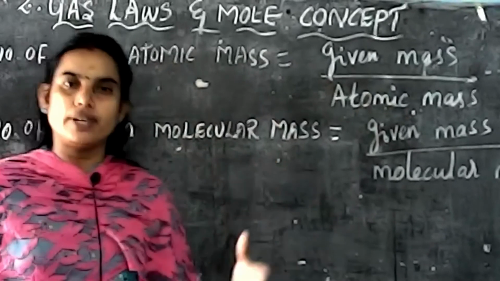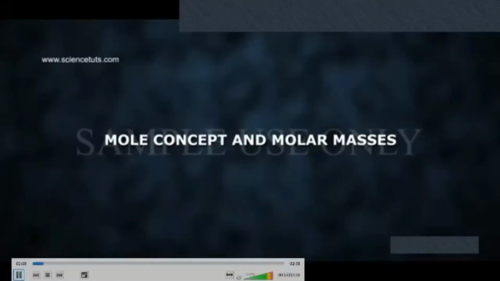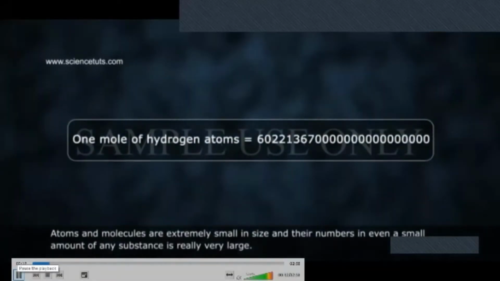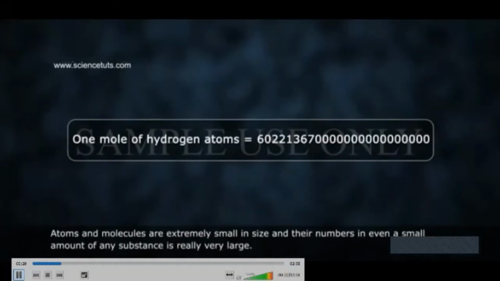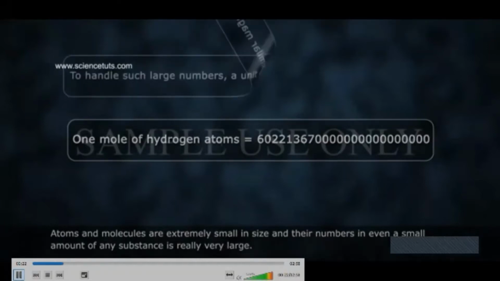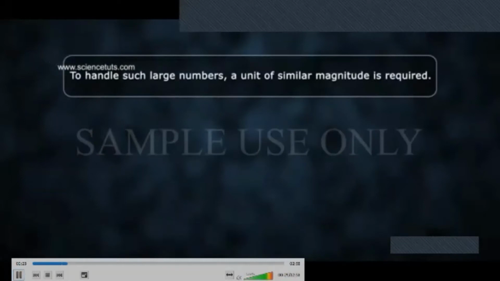So before that, look at this video. Atoms and molecules are extremely small in size, and their numbers in even a small amount of any substance are really very large. To handle such large numbers, a unit of similar magnitude is required.